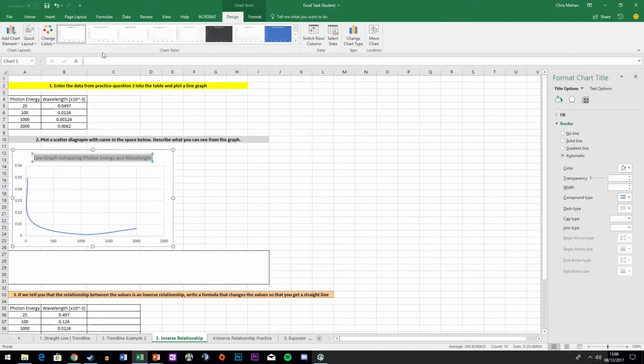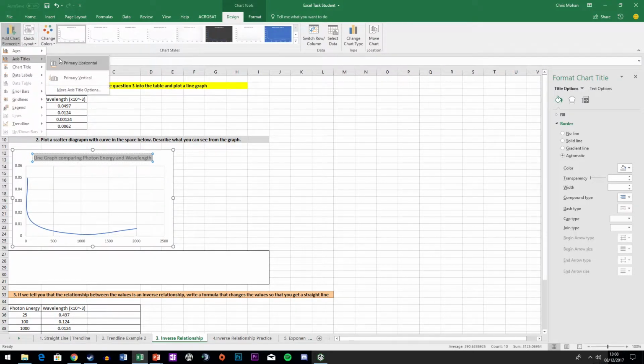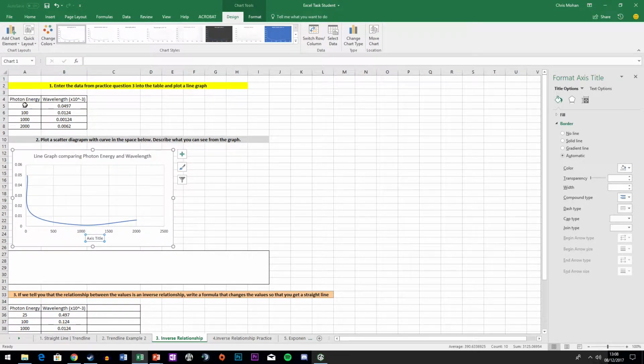And then I put on my axis titles. So the horizontal one, you can see, goes up to 2500. So that one must be the photon energy. And the vertical one must be the wavelength.